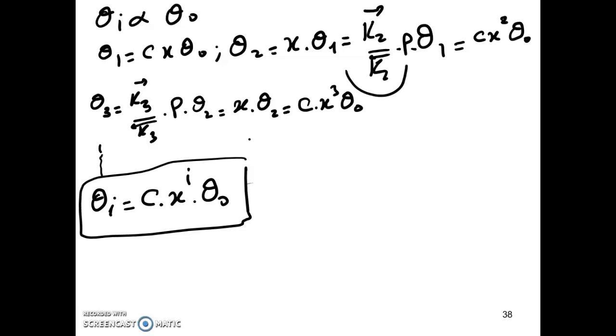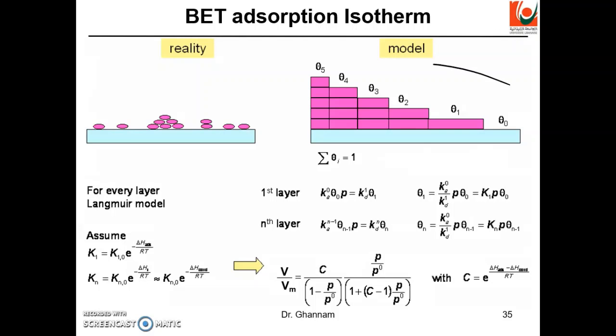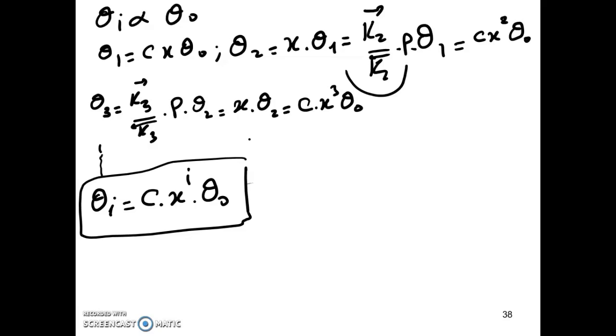Over the surface, all these fractions of thetas will form the total surface, or the total quantity of molecules which are adsorbed over the surface. Here, if we determine the total now, the total will be the summation of theta I, and as thetas are fractions of sites over the surface, the summation of theta I will equal 1.